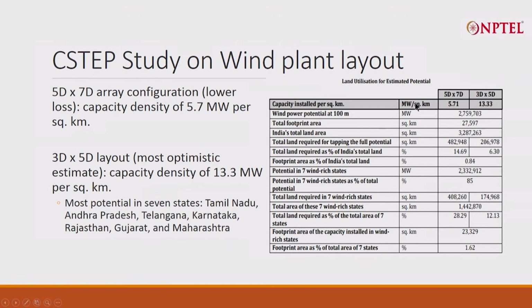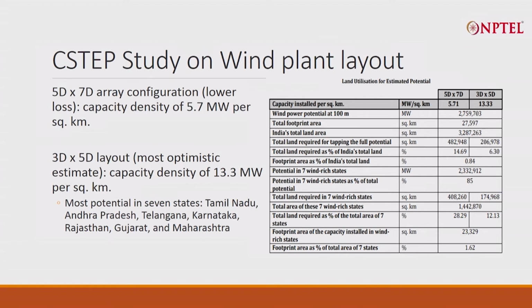So, with this configuration and wind power at 100 meter, you can actually calculate in different areas what is the possible power produced in the whole of India. You convert it into windmills at either 3D, 5D or 5D, 7D, leaving out the urban areas.